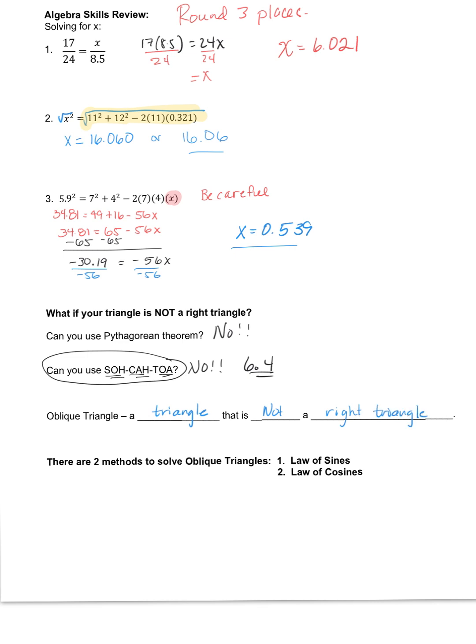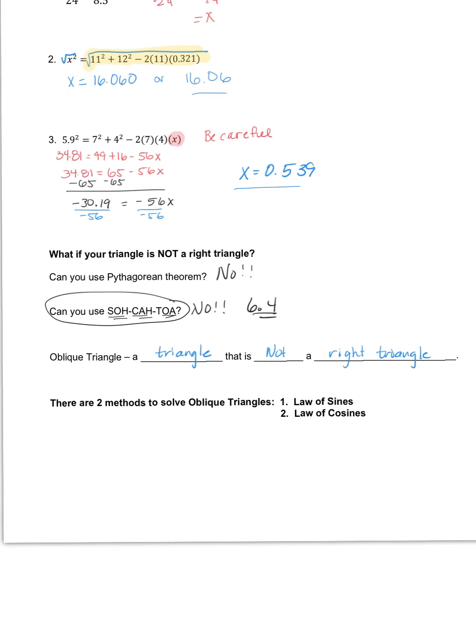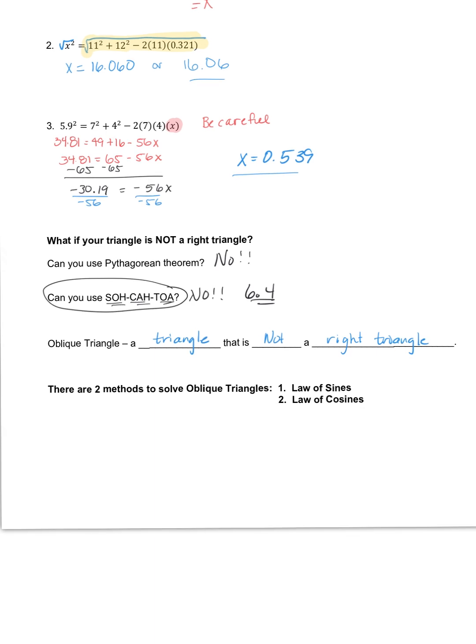Now, in order to solve right triangles, we use Pythagorean theorem, and for trigonometry you can use sine and cosine and tangent with the hypotenuse and all those different ones. But because we don't have a right triangle, we can't use the same kind of rules. So we're going to use the law of sines and law of cosines to solve these.